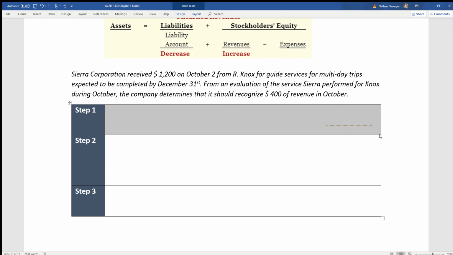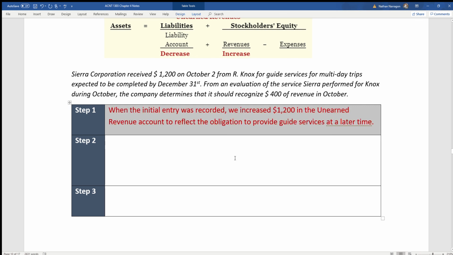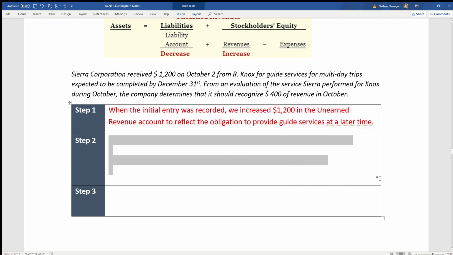First off, the balance in unearned currently is $1,200. Again, this is to reflect our obligations to provide the service at a later time. Now, what should this be? Well, if we're saying 400 has basically occurred, well, we should recognize it.